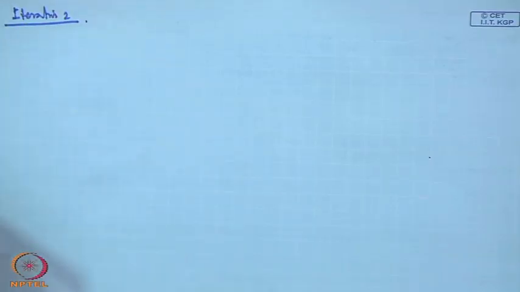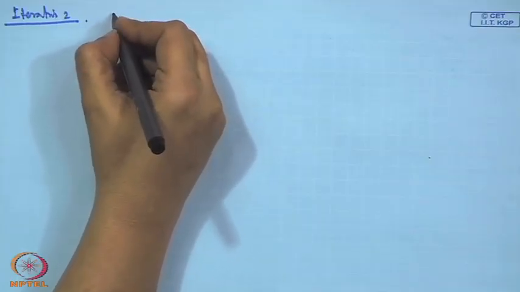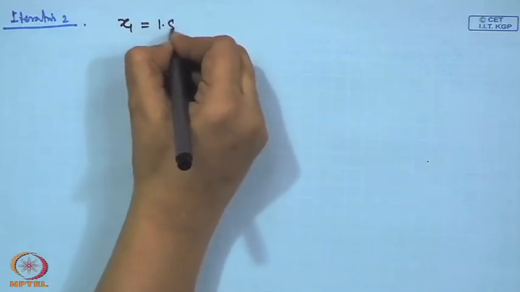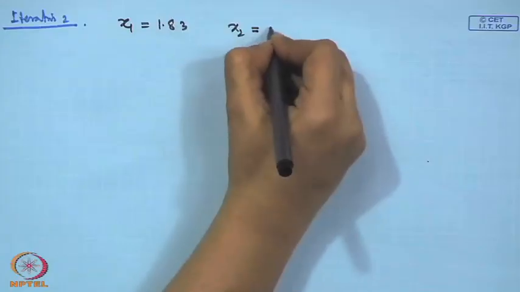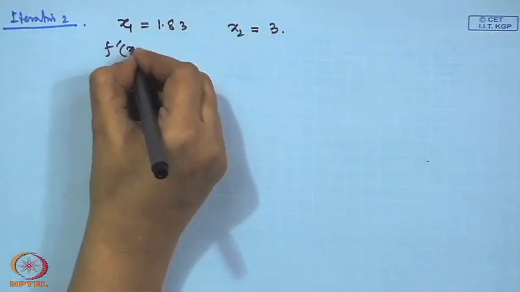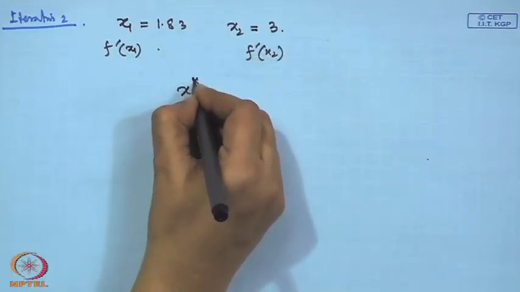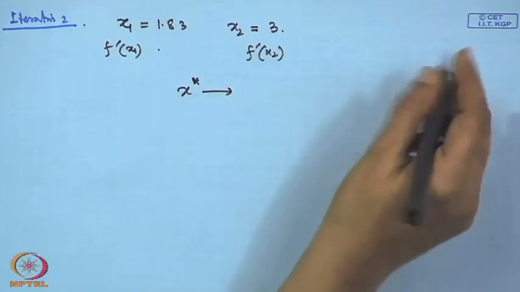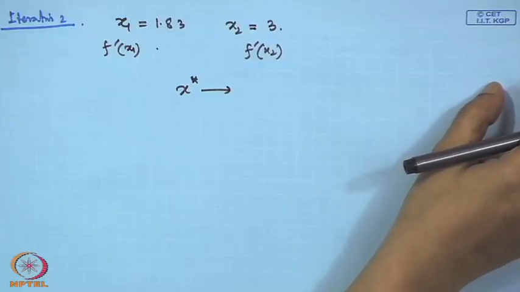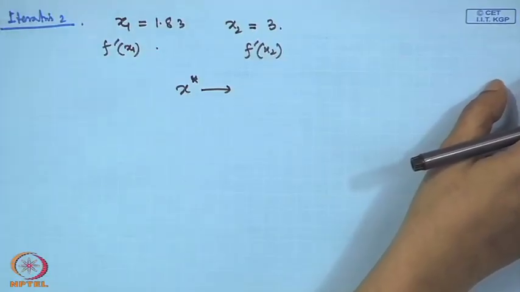How to get the next iteration? As we see that the functional value at 1.83 is less, that is why the next interval we will consider as x1 equal to 1.83 and x2 equal to 3, and again we will go for f prime x1 and f prime x2, and we can calculate x star from here, and if this optimal solution is acceptable, then it is accepted; otherwise we will go to the next iteration for getting the solution of the problem.